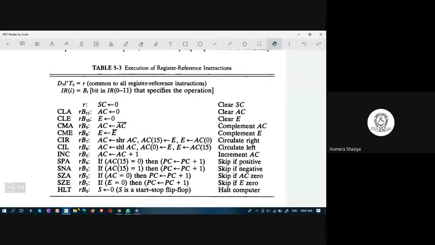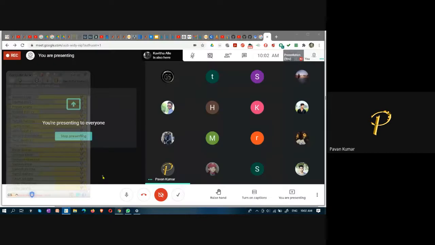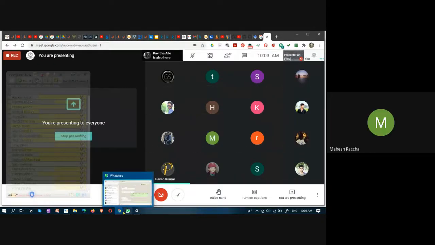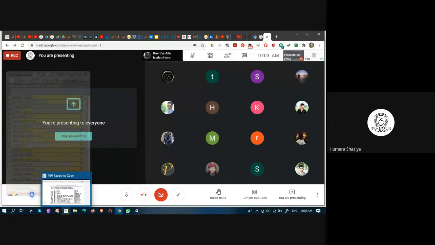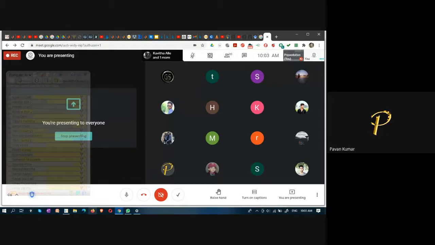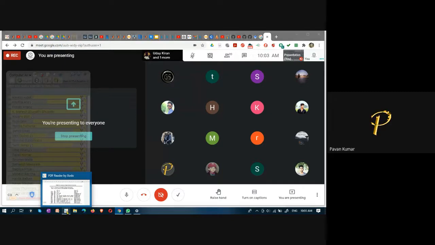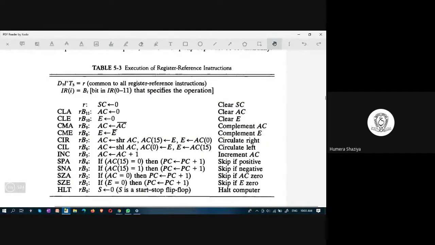E is a flip-flop, not actually a register, and it is connected to the accumulator.